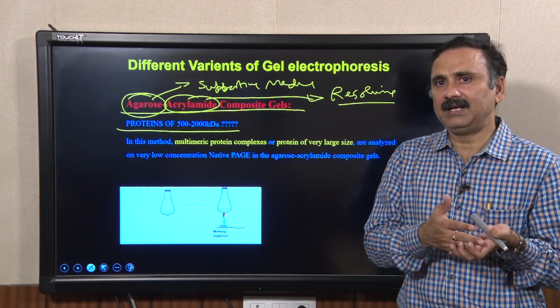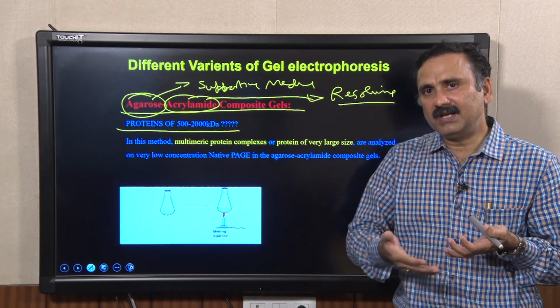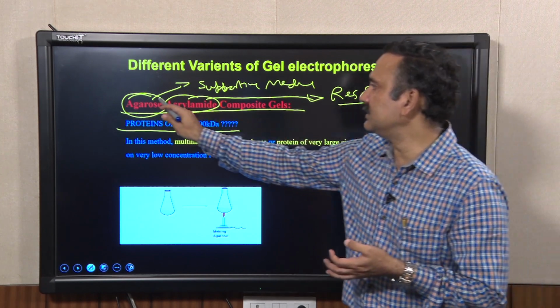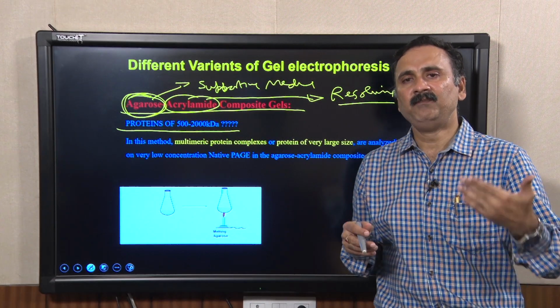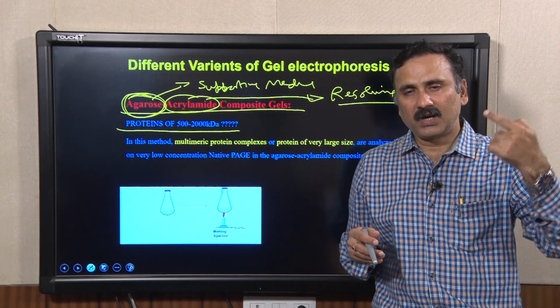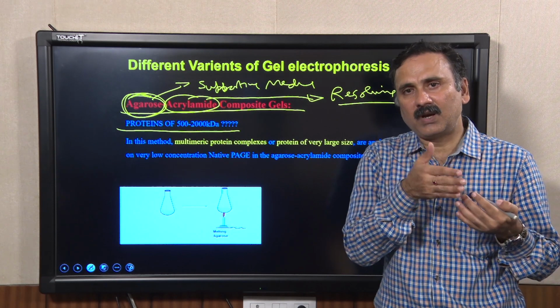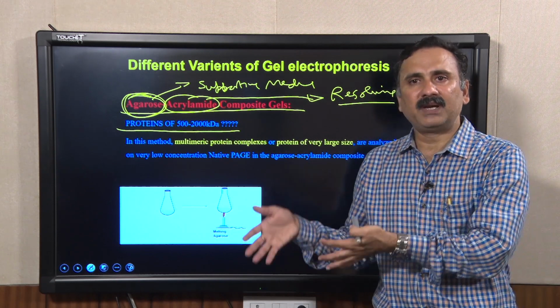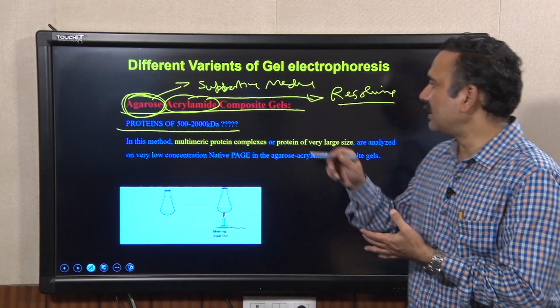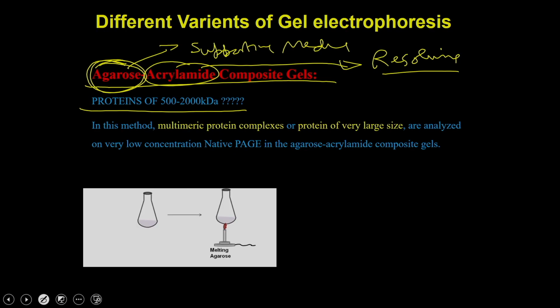To avoid that and to provide strength to the system, you simply add a small quantity of agarose, and that gives the overall strength, so that post operations are easy, whereas the acrylamide is still the material used for resolving.